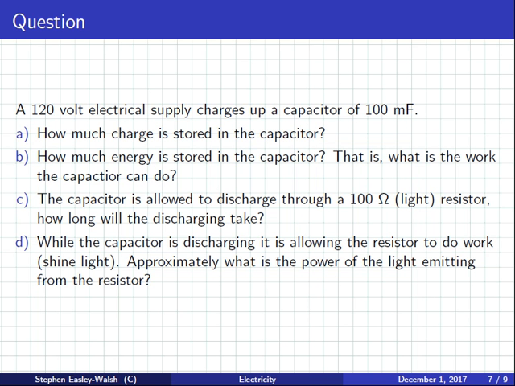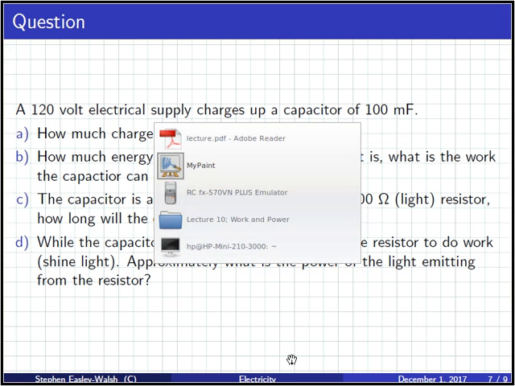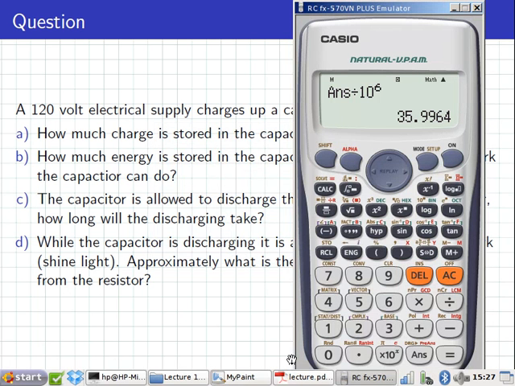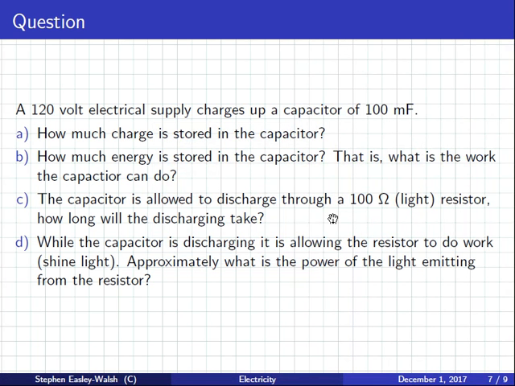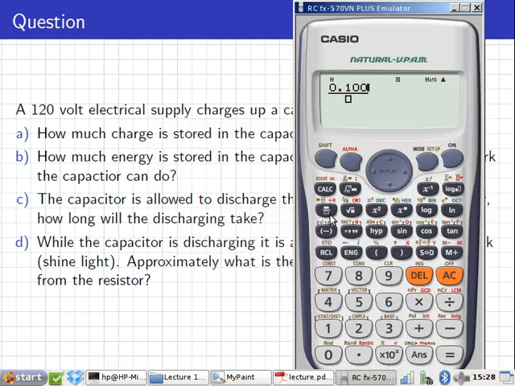Right, first one you should have. What's the formula for Q? Q equals CV, and what's C? 0.100, isn't it? Times 120.